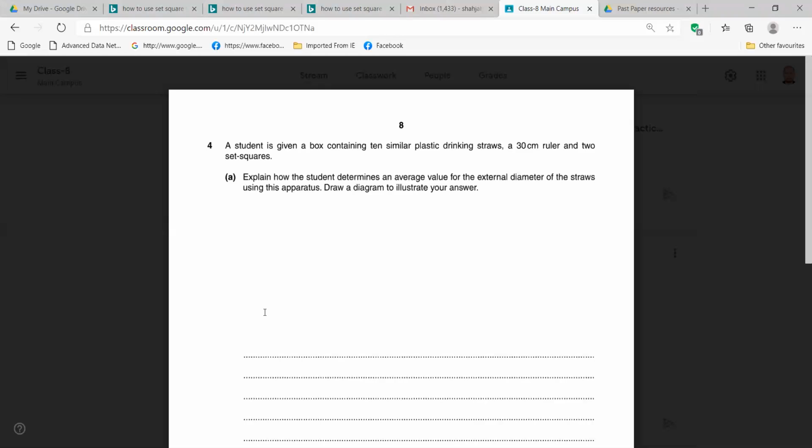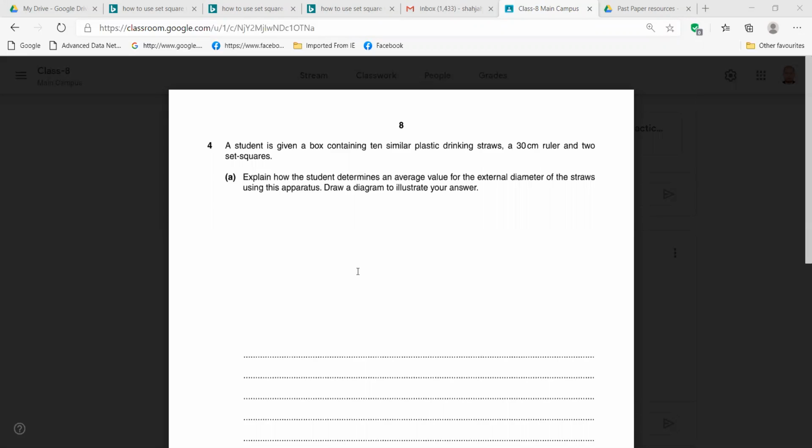But if you are taking all 10 straws together, keeping them side by side, one after another, and you keep the ruler above them, you can measure their diameter altogether. Maybe it comes to 9 centimeters, or 8.5 centimeters. Then you can divide the value by 10 and you have the diameter of a single straw.